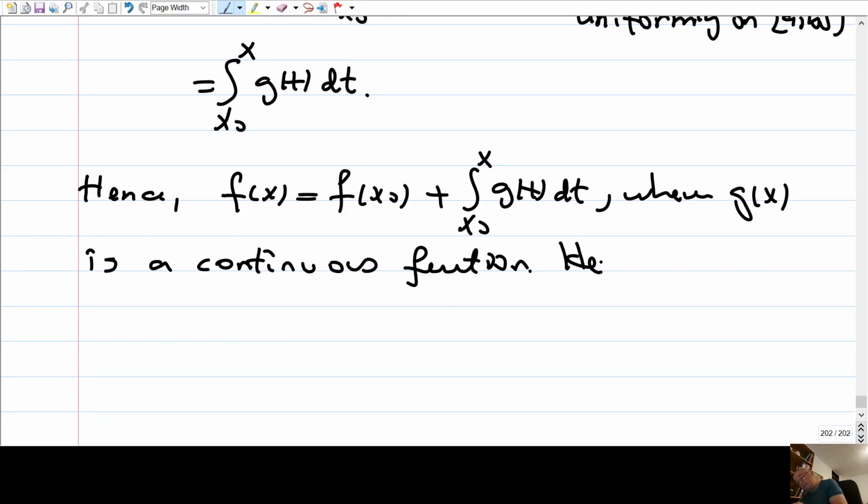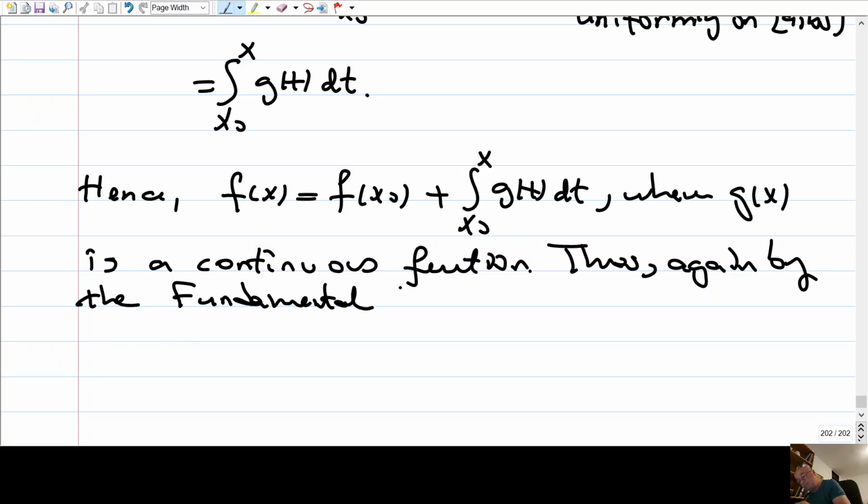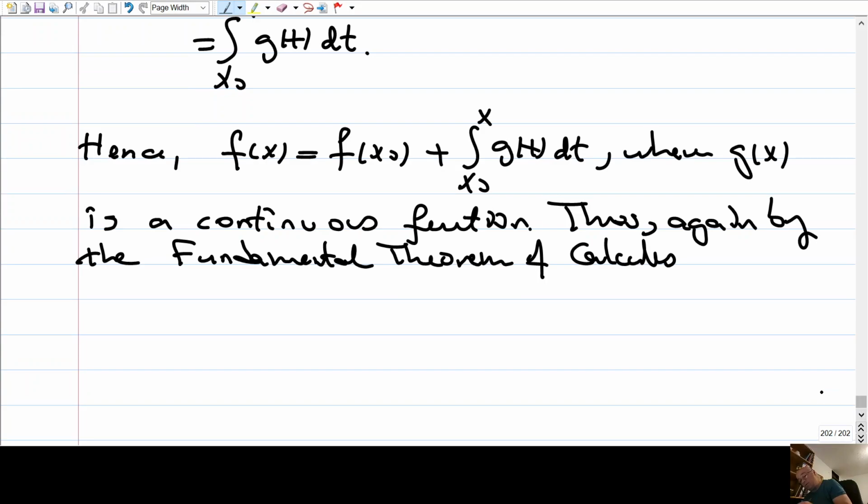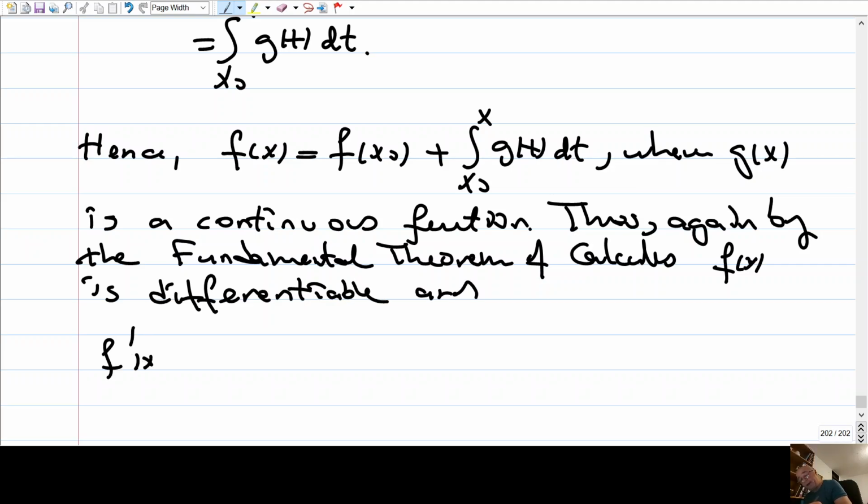Thus, again by the fundamental theorem of calculus, f(x) is differentiable and f prime(x) is equal to what? Derivative of this, of course, this is a constant, so its derivative is just 0 plus the derivative of this.